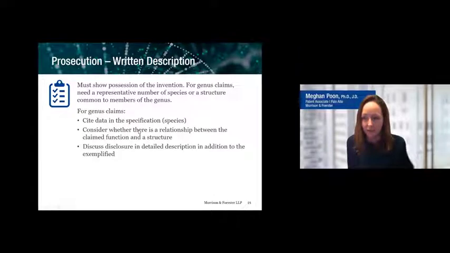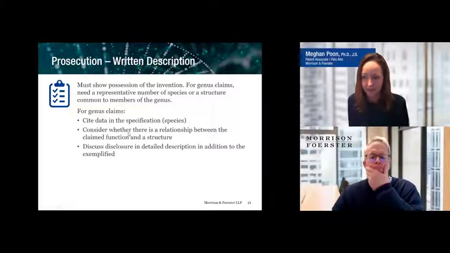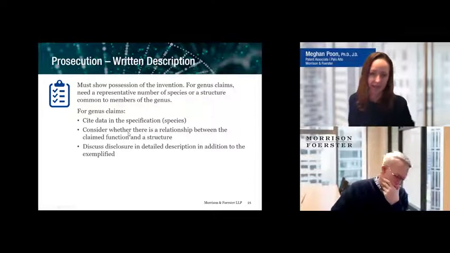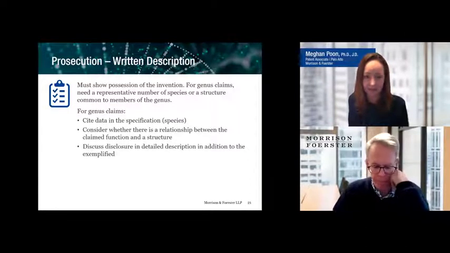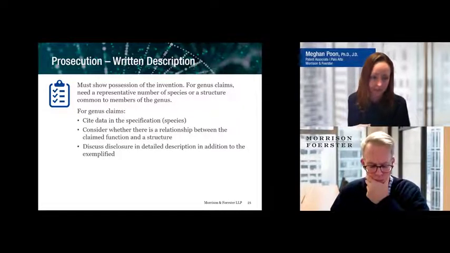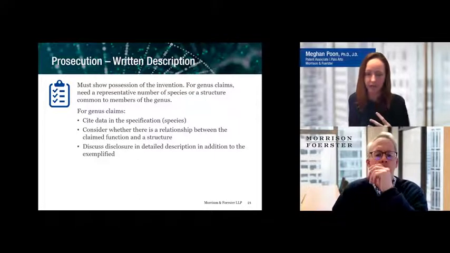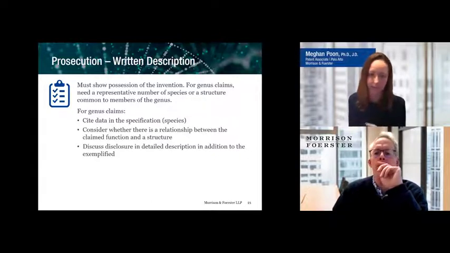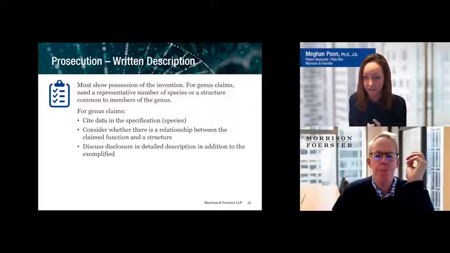So how do we deal with this, and how do we think about establishing written description and sort of try to get the maximum amount of protection in this space? For genus claims, the key is the data in the specification, and thinking about how many species you've disclosed and exactly what the properties are of those. You should also consider whether there's a functional relationship between the function and the structure.